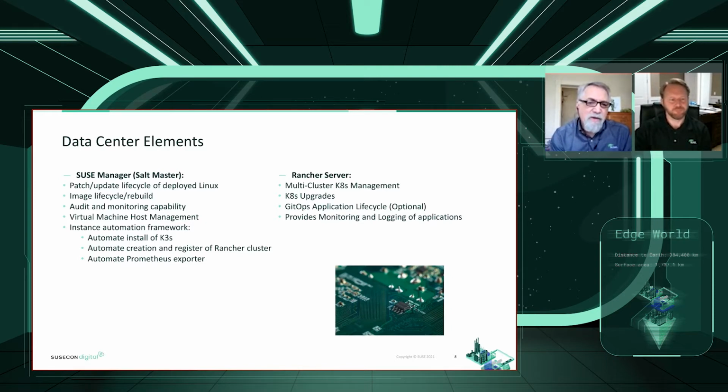On the Rancher side, obviously Rancher is where we are registering our Kubernetes clusters. So in this case, K3s is the distribution. Those K3s clusters get registered and created up there. And I have the option inside of Rancher to actually upgrade the Kubernetes version.